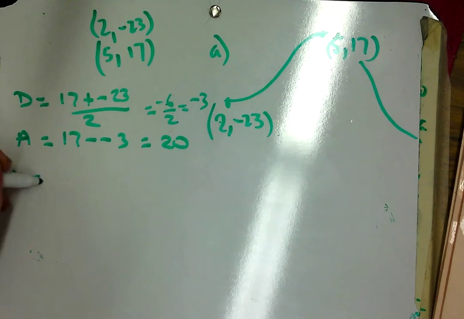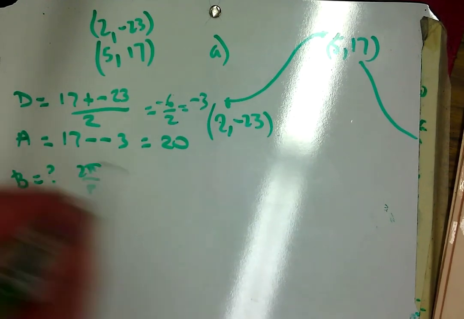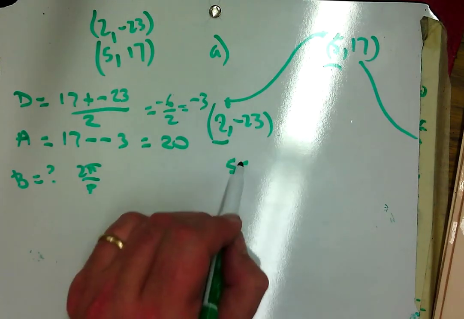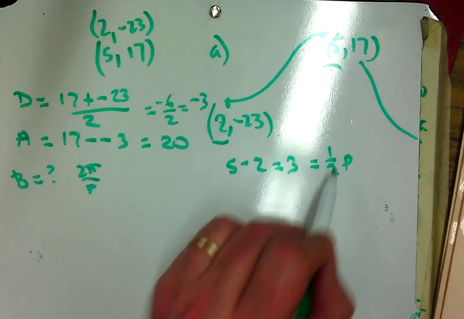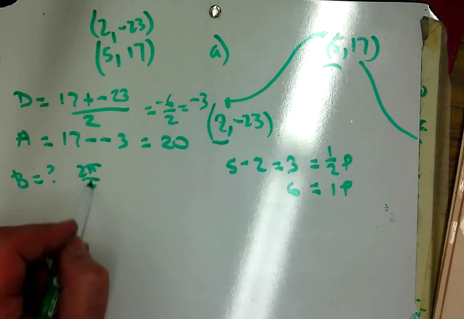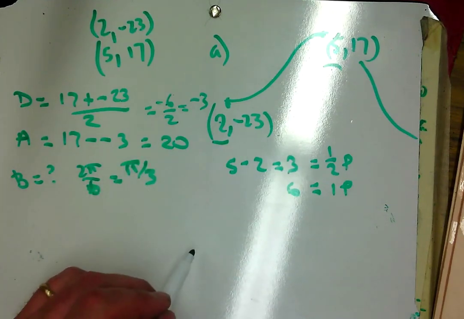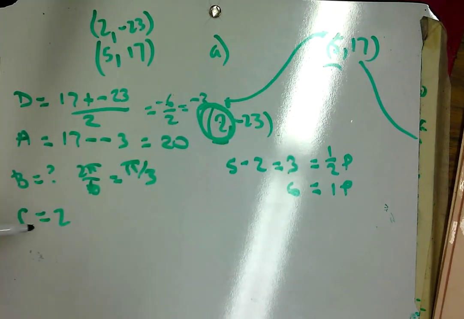B. Well, B is 2 pi over the period, but I only have half a period. 5 minus 2 equals 3 is half a period, so 6 would be 1 period. 2 pi over 6, pi over 3 is our B value, and our C is our starting x, so C equals 2.